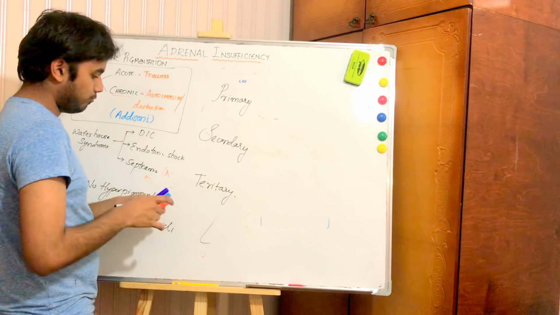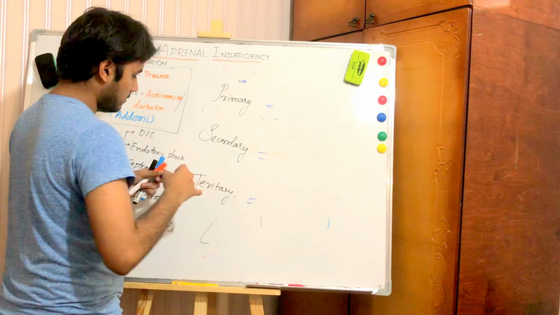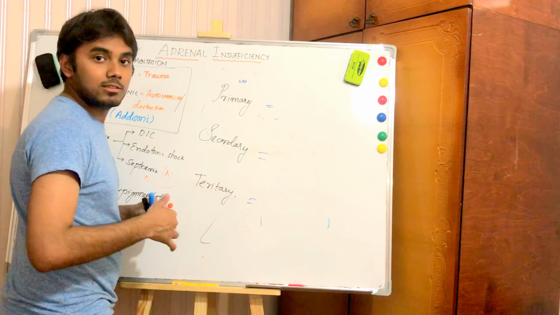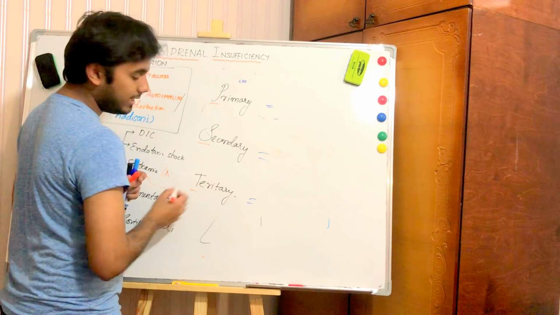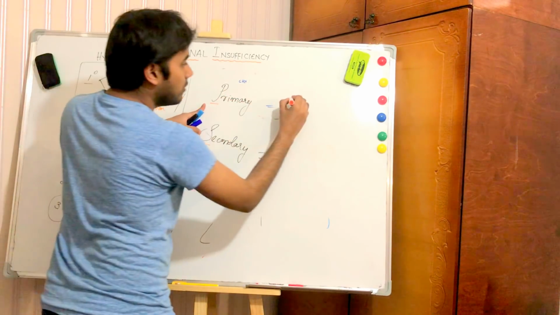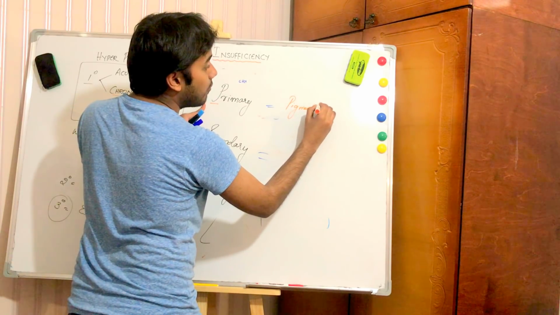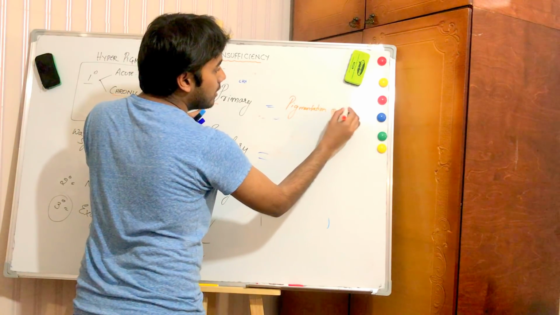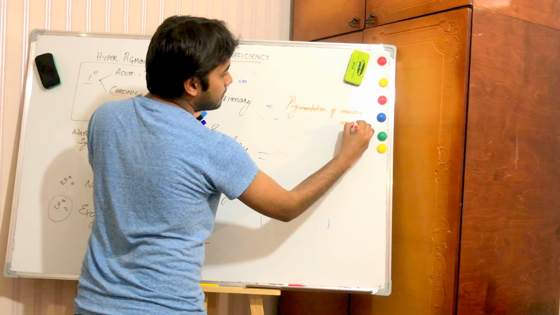So look here. In primary, the first letter is P, secondary S, tertiary T. P for pigmentation. So in primary adrenal insufficiency, you will find pigmentation. Pigmentation of what? Pigmentation of mucous membranes.